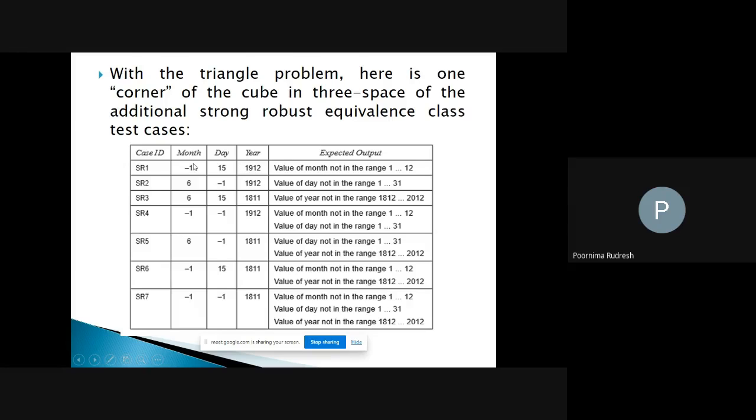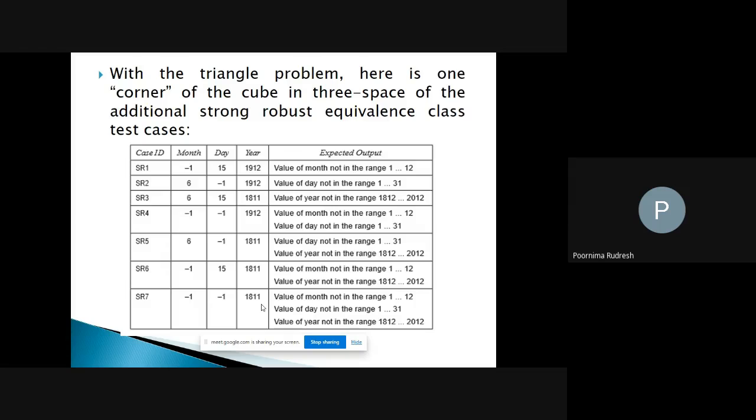So first it is single month, single day, single year. Next we'll consider the Cartesian product of month and day, hence it is -1 for both. And next one is from day and year. See, -1 and 1811, both are invalid values. Next one is for month and year, that is -1 and 1811. And the last one is for all three, that is month, day, and year. It is -1, -1, and 1811.